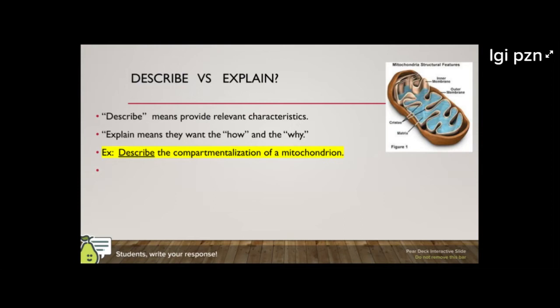They don't have to be complex, okay? You can even use the words in the picture to help you. Describe the compartmentalization of a mitochondria. See what you can do with that. It's not asking you to explain what that compartmentalization will allow it to do. It's just asking you to describe it.